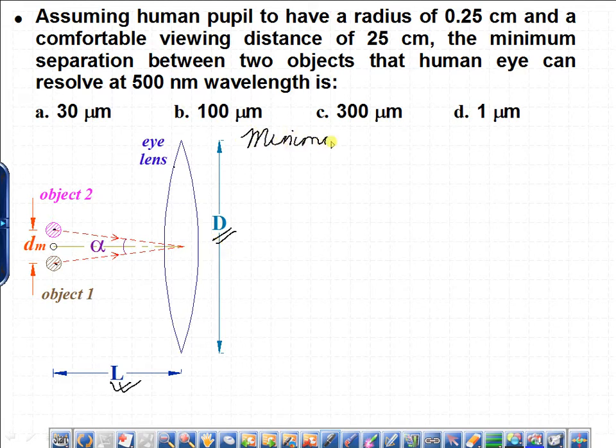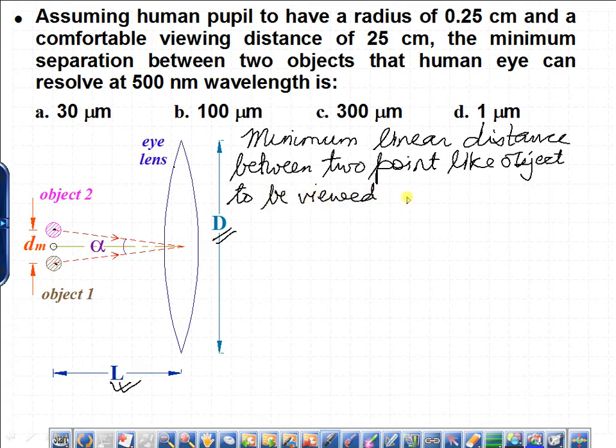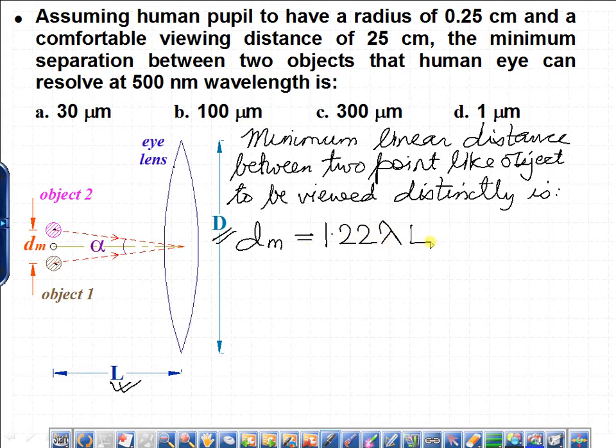We can write the minimum linear separation between two point-like objects to be viewed distinctly is dm equal to 1.22 lambda L by D. Lambda is the wavelength of the light, L is the least distance of distinct vision, and D is the diameter of the aperture through which the light rays enter.